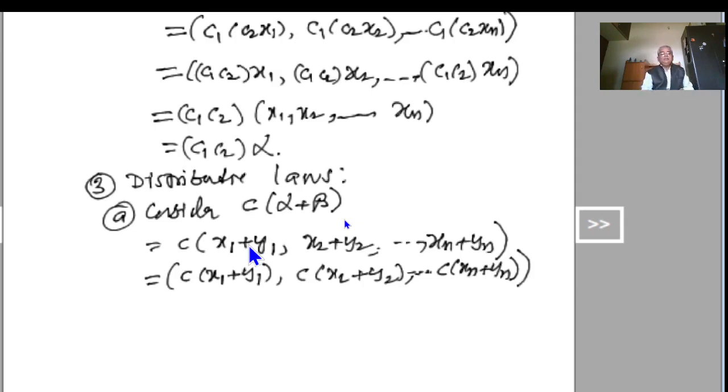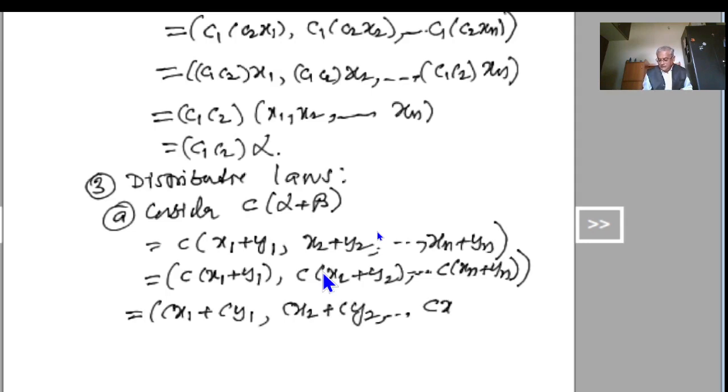Here c belongs to R, x1 belongs to R, y1 also belongs to R. Therefore, the distributive law is satisfied in R. This can be written as cx1 plus cy1, cx2 plus cy2, and the last as cxn plus cyn.